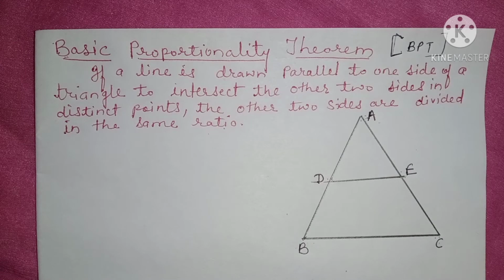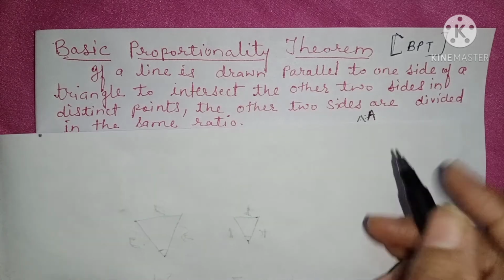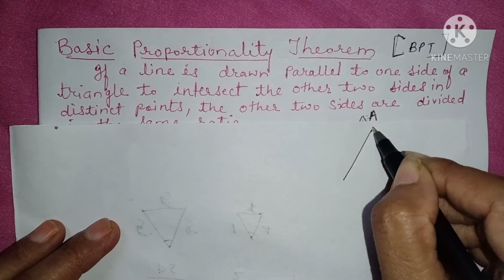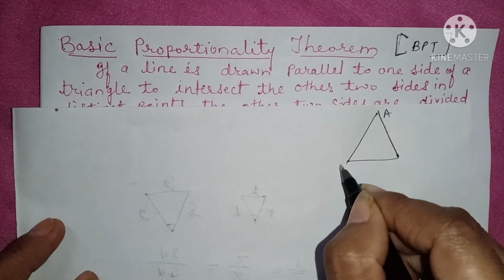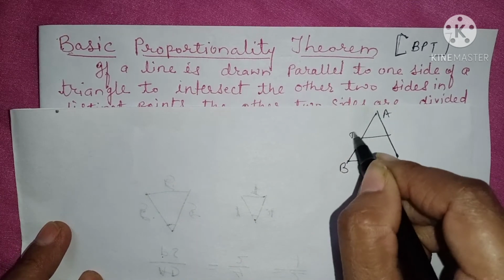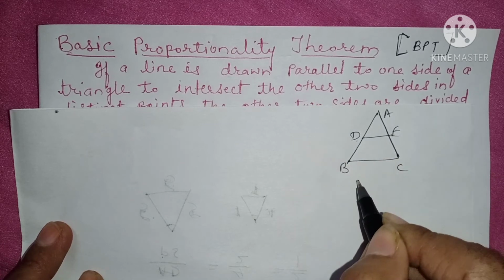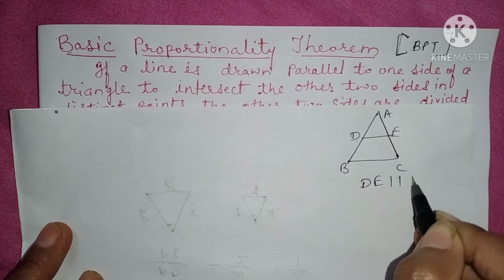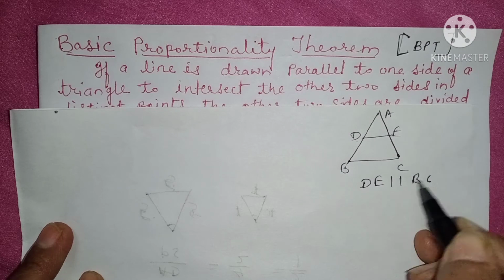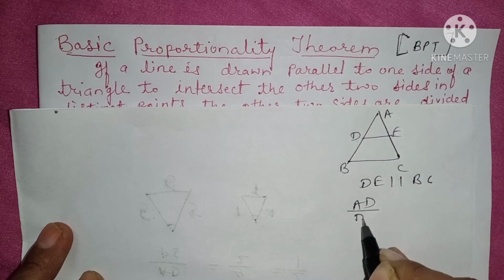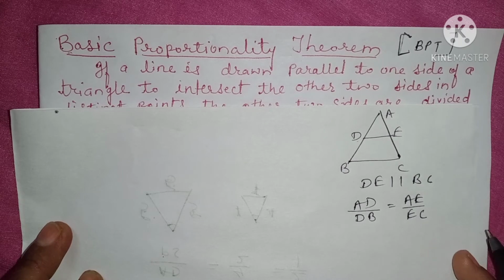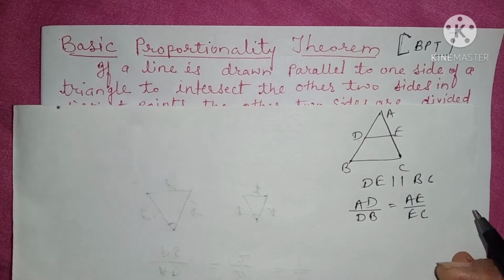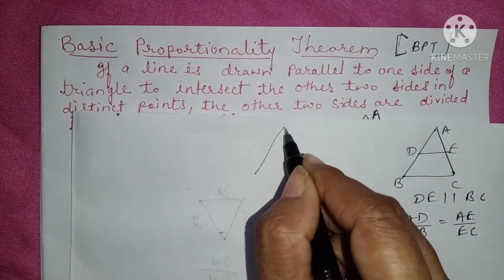It is given. Okay. Before I prove the theorem, I want to tell you one thing. Suppose this is triangle ABC, and this DE is parallel to BC. If it is given that DE is parallel to BC, then by BPT you can write AD upon DB is equal to AE upon EC. Have you understood? Again see this figure.